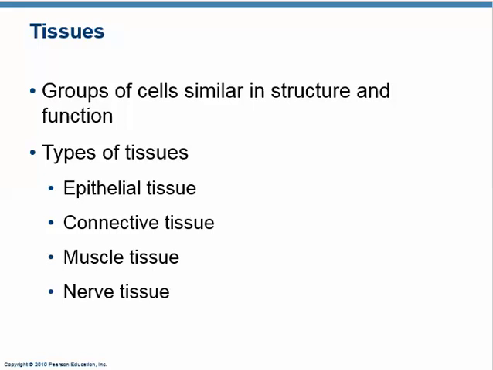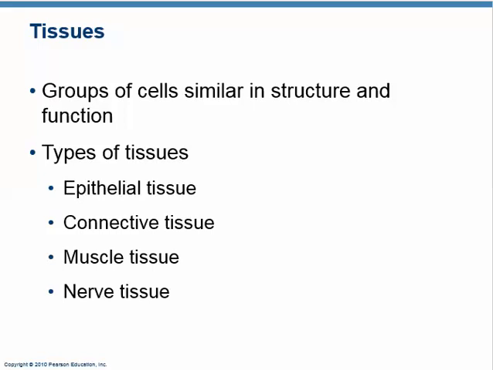There's muscle tissue, and muscle tissue is contractile with force, and it has certain properties that we will talk about. There's nervous tissue, which is an excitable tissue that is used to control the activity of other tissues and organs.